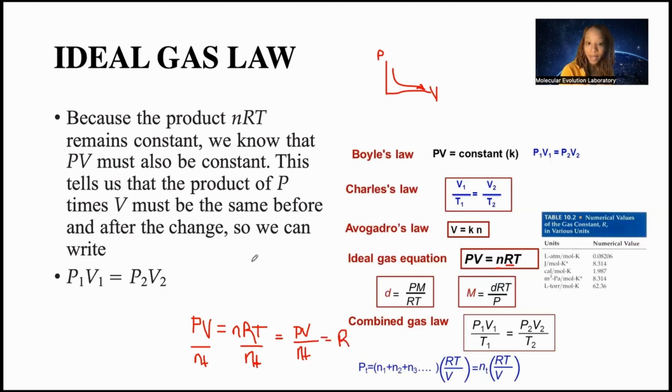So in essence, P1 V1 divided by N1 T1 equals R, and R remains constant.